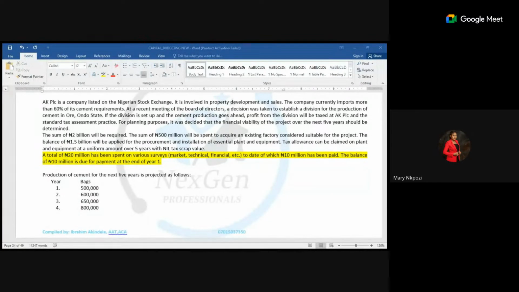But not the other 10 million that is due for payment at the end of year one. It's not relevant. Anything that has to do with loan payment is not relevant. It is part of financing, finance costs.